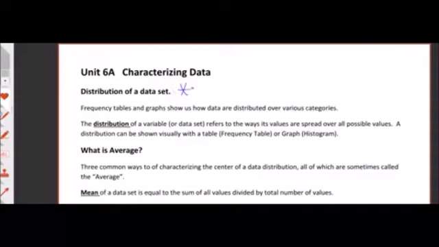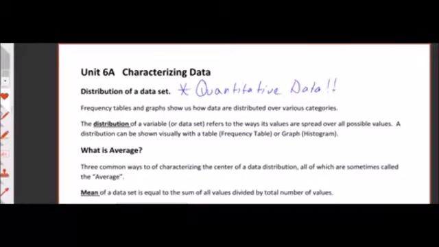One very important note, and I'm going to put it right here. For all of Chapter 6, we can only work with quantitative data. Only quantitative data is going to be used here because we will be making some calculations such as averages and some standard deviations, and that can only be done with quantitative data.